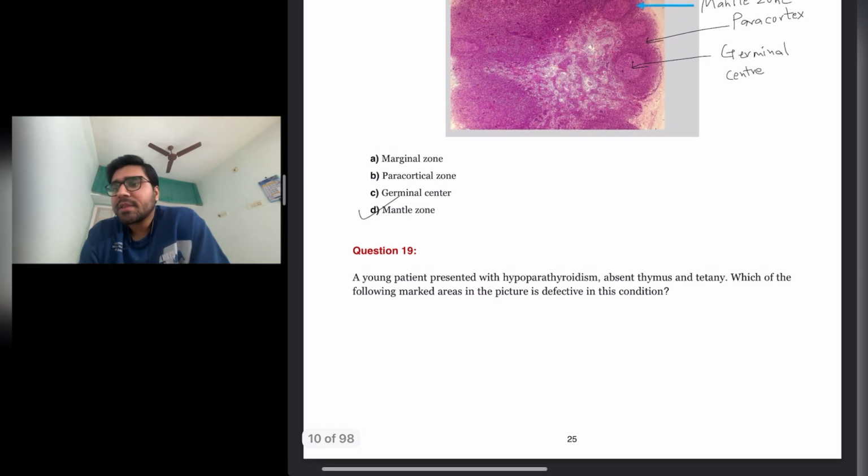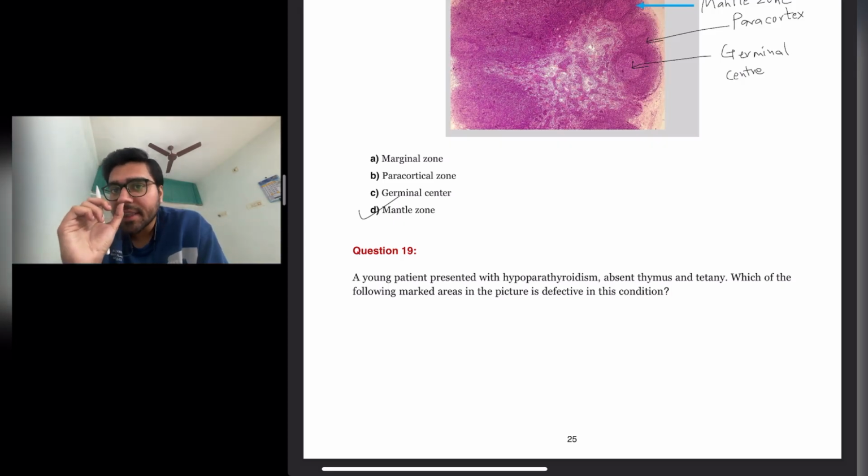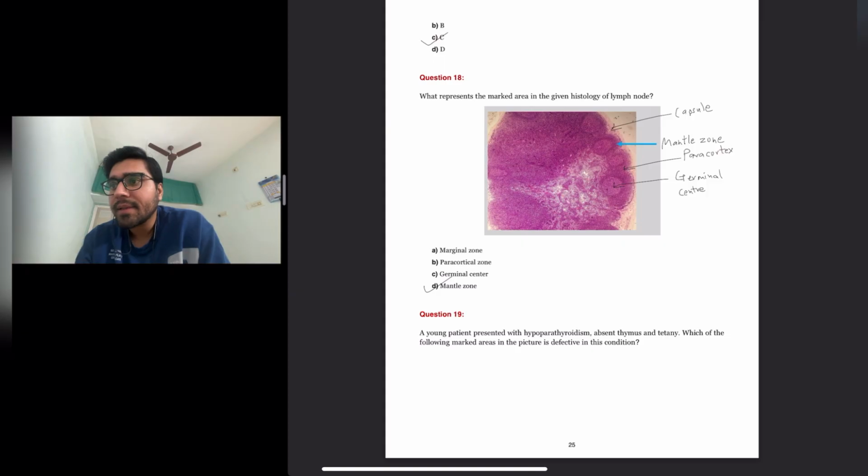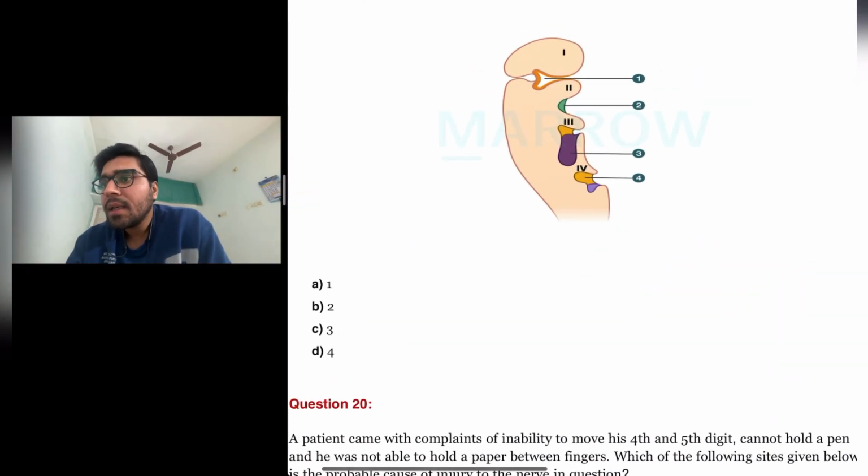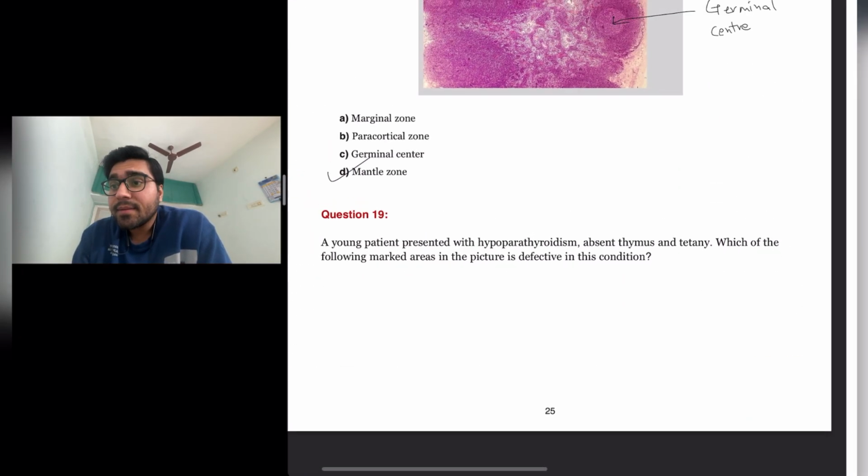A young patient presented with hypothyroidism, absent thymus, and tetany. Which of the following marked areas in the picture is defective in this condition? Let us see the picture. This is a picture of pharyngeal arches and pouches. So let us again see the question.